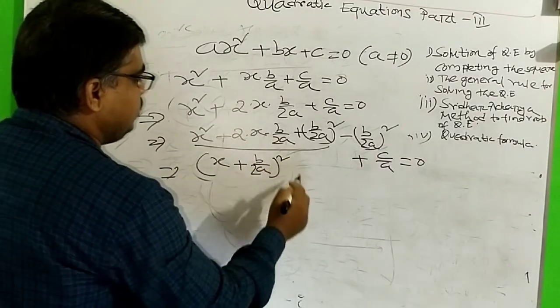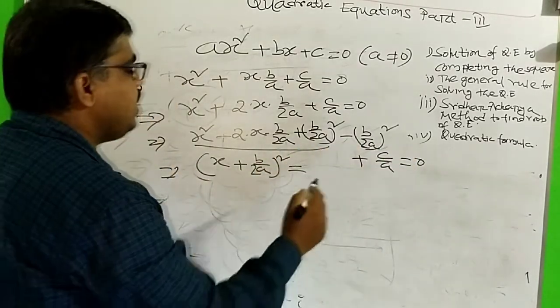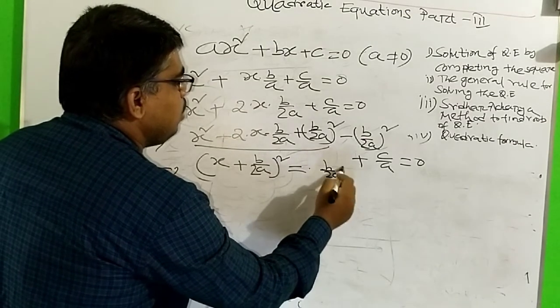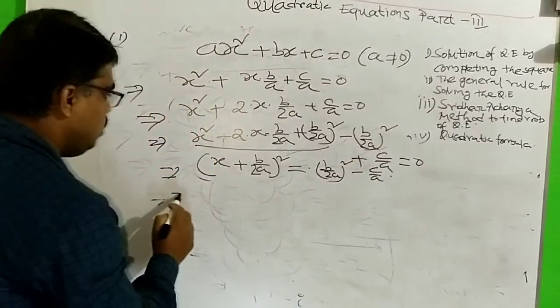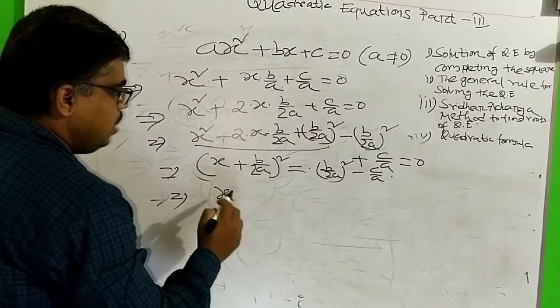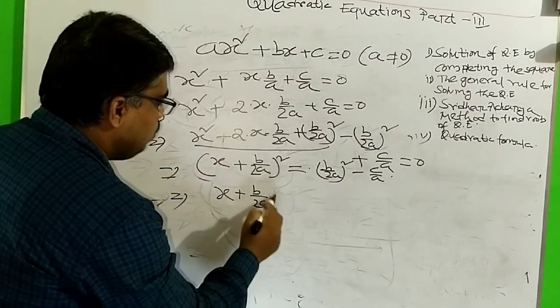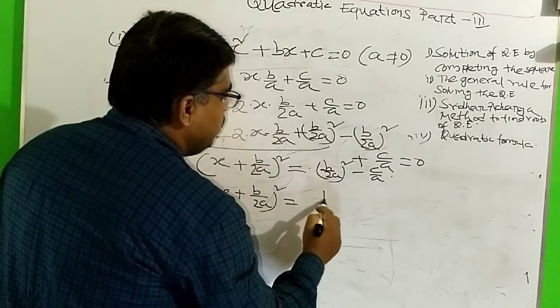We transfer the term to the right hand side, we get b by 2a whole square minus c by a.